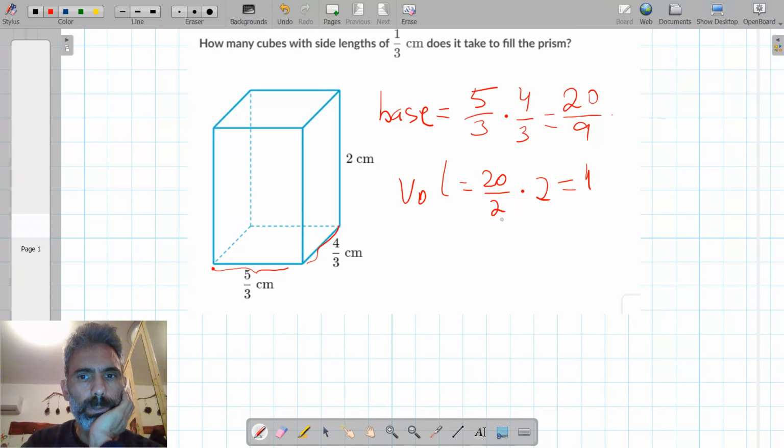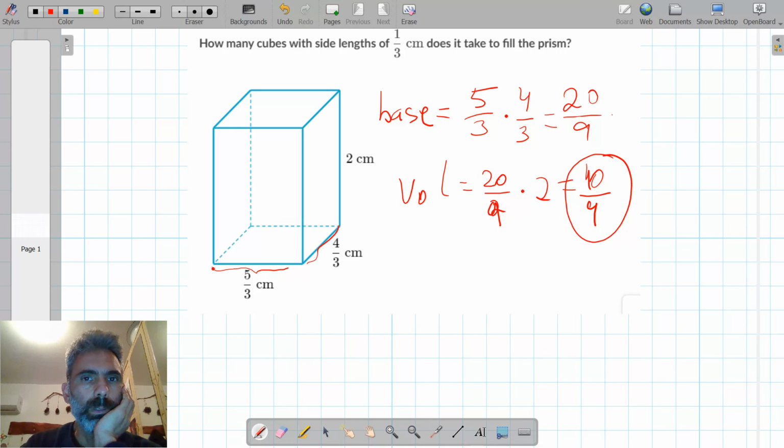So 40 over 9. And now I see where my mistake was. This is the volume of the entire prism.